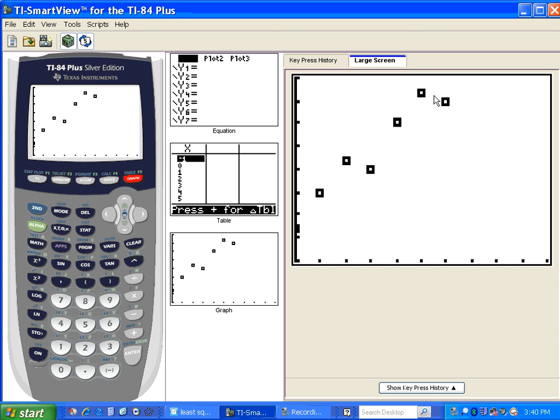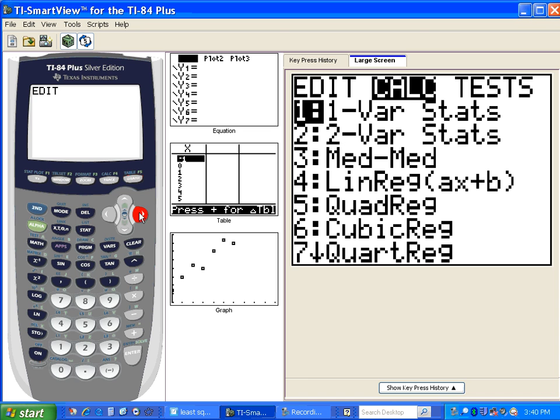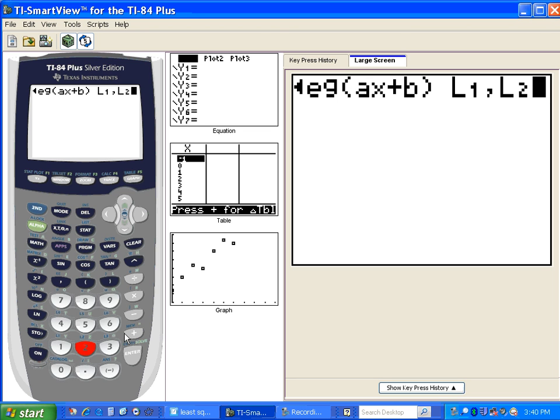No surprise there. To calculate the linear regression or least squares regression line, we go back to stat, over to calc. We're going to go to number 4. We're going to put in second 1, comma, second 2 to say we're in list 1 and list 2.